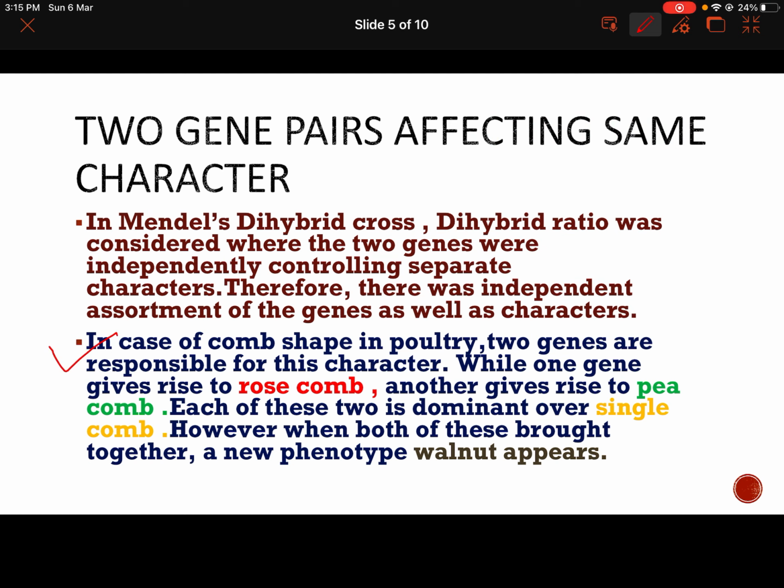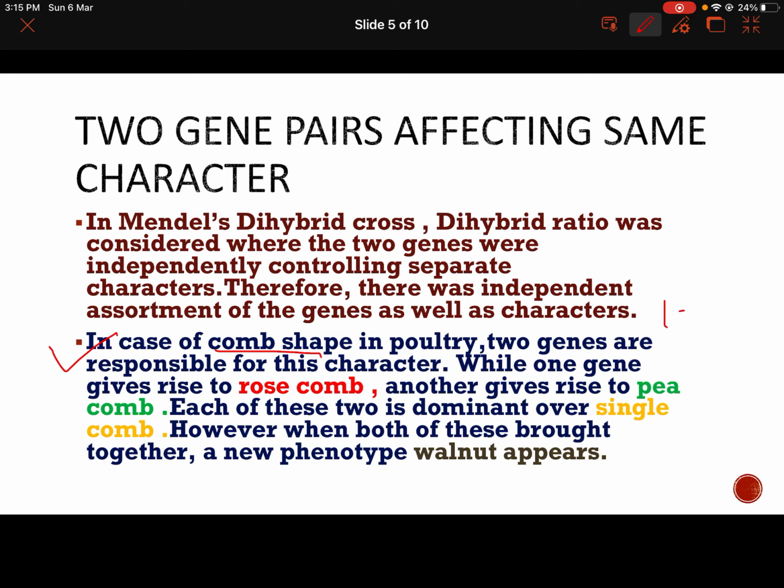When you have seen a hen, it has a crown shape, a red crown on its head, that is called the comb shape. In poultry, 2 genes are responsible for this character.